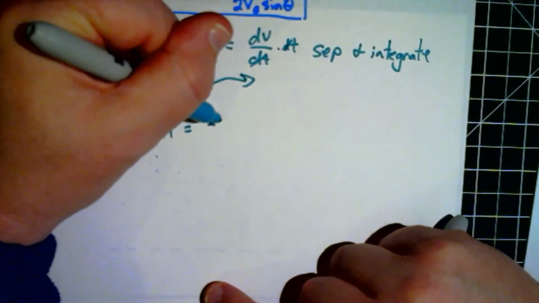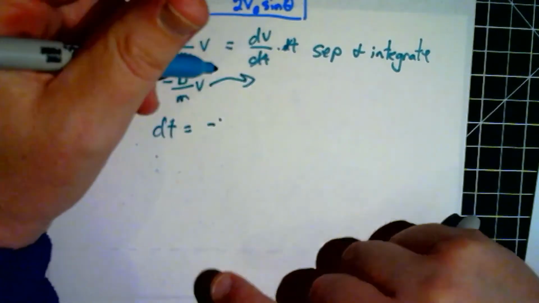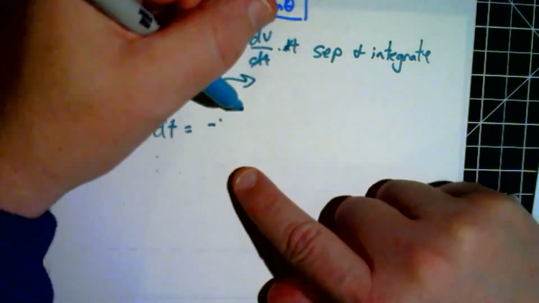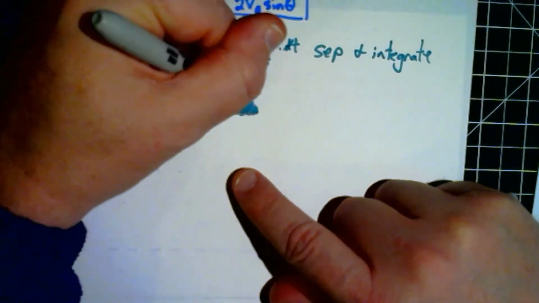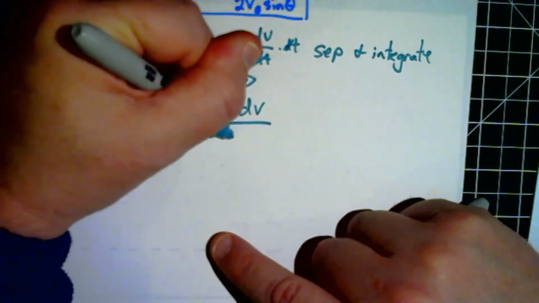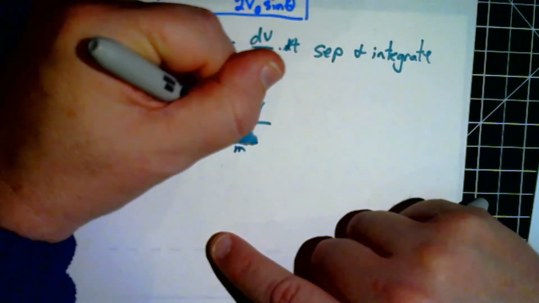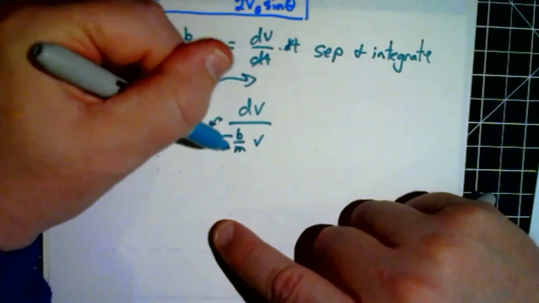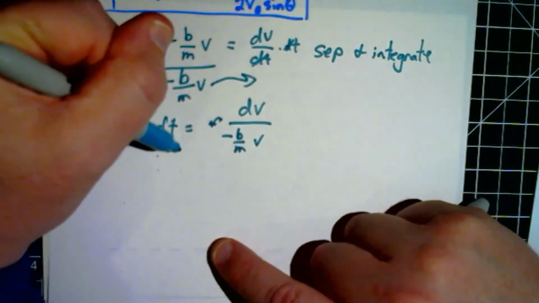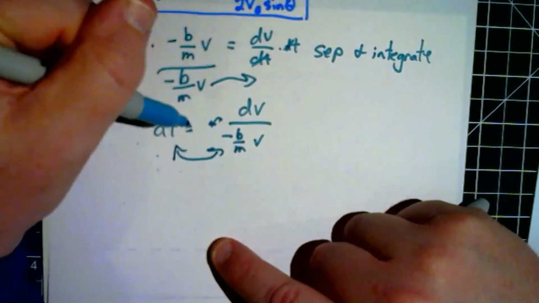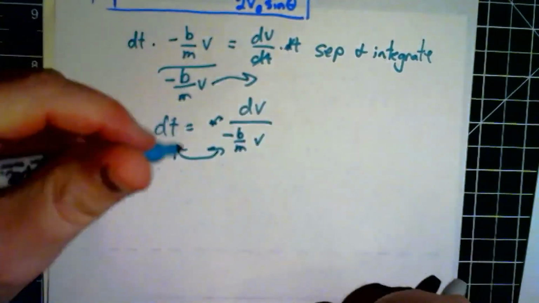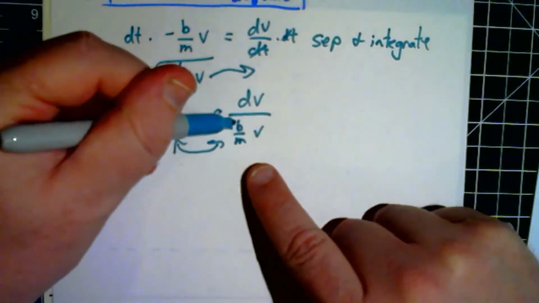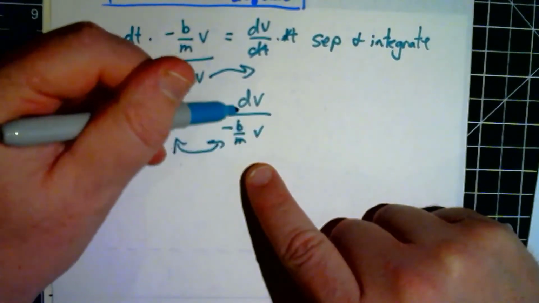So what we're left with is dt equal to dv divided by negative b over m times v. Let me switch this around and swap sides, since I like to put the time term on the right. I'm also going to move this fraction around so it looks better.